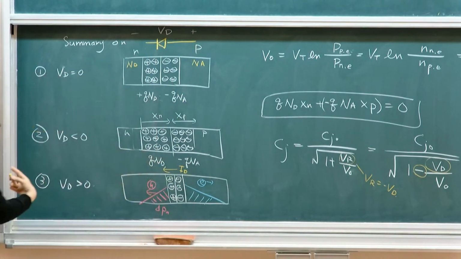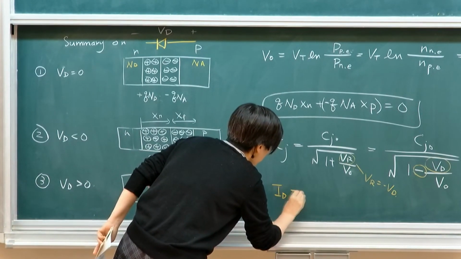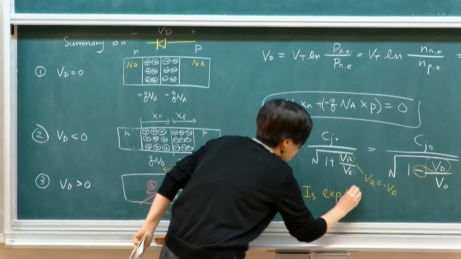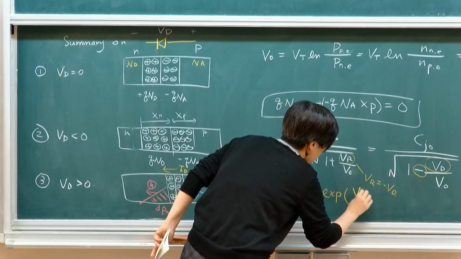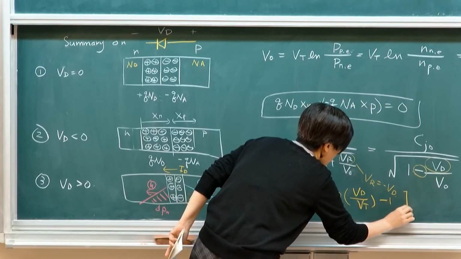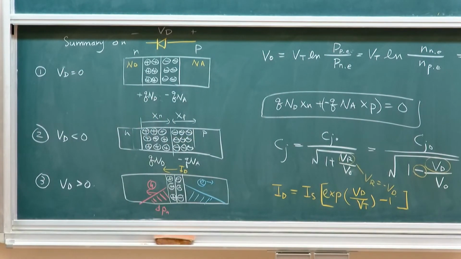So current is flowing from P to N. So during this mode, forward bias, I = IS exponential VD. Okay? So that's the current-voltage relationship you need to follow.